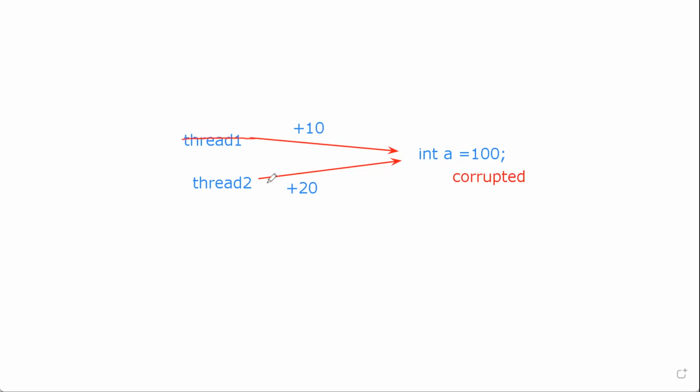Basically, either lock this thread and allow that thread, or lock that thread and allow this thread to work on a. Then it will be a proper situation. To achieve this, there is a word called synchronized, which has to be used. The synchronized word is introduced, so you have to make both the threads synchronized.